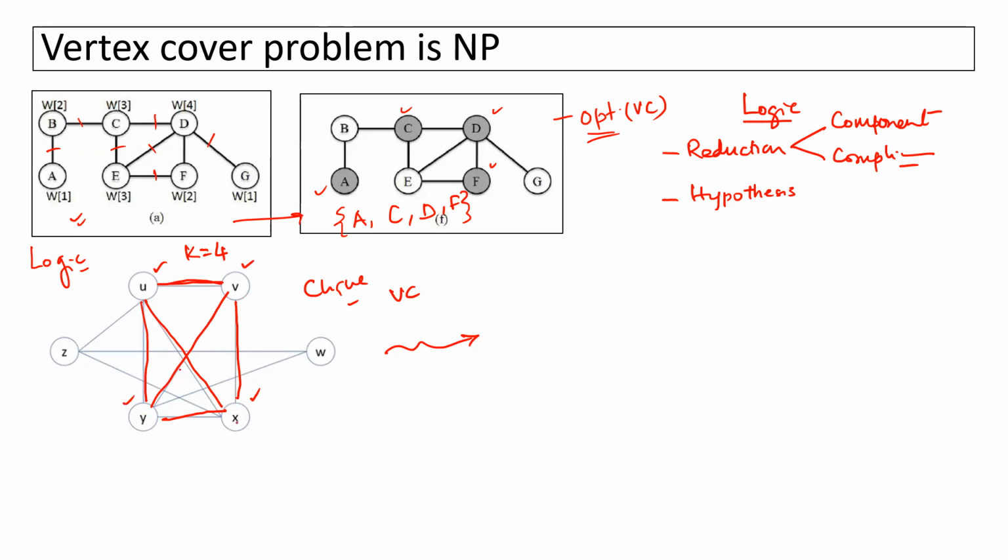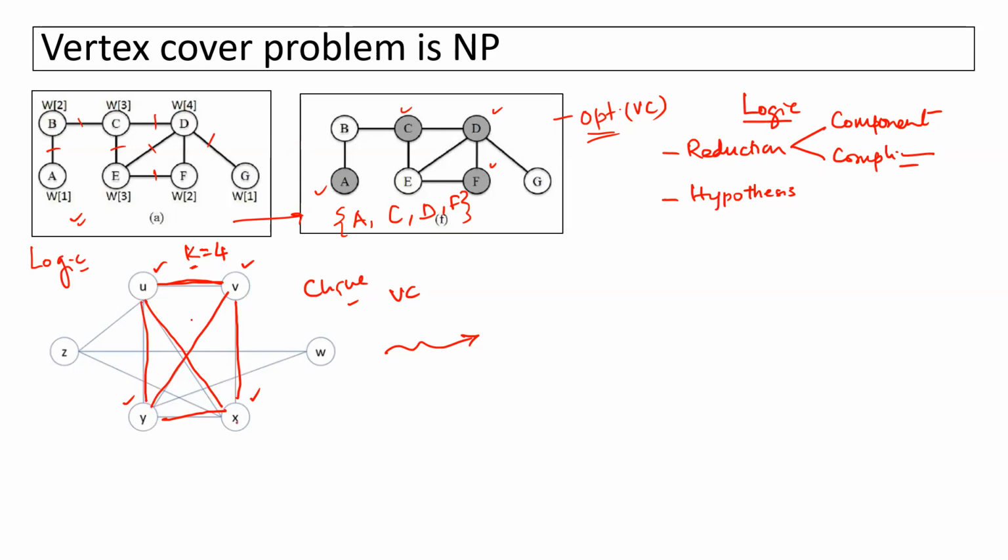What is a clique? A clique is a part of a graph which is complete in nature. So here you can see that a part of this graph is complete in nature, and it has size k equal to 4. The total number of vertices in this graph is equal to 6.